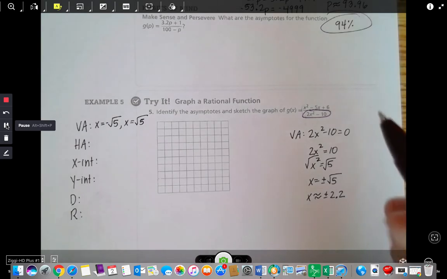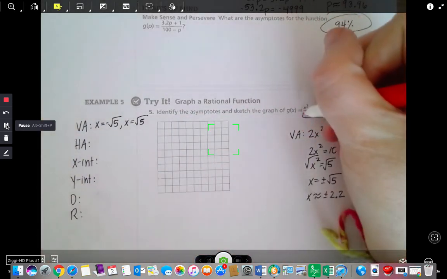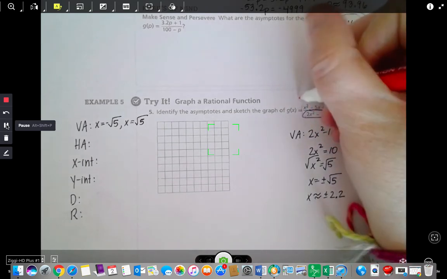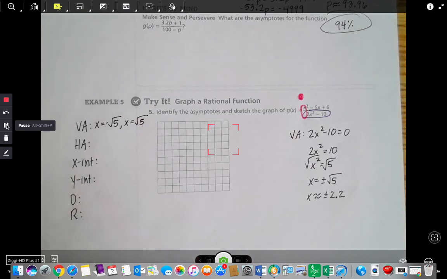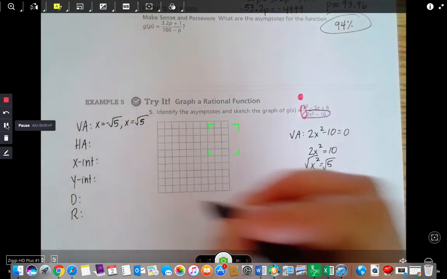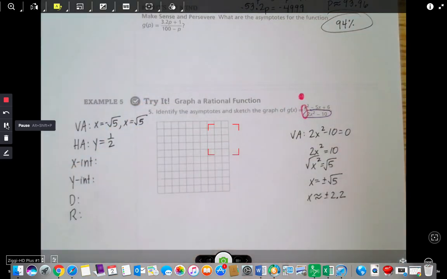Next, we've got our horizontal asymptote. That is what comes from your two leading coefficients. So that would be 1 divided by 2, which is just 1/2, right?